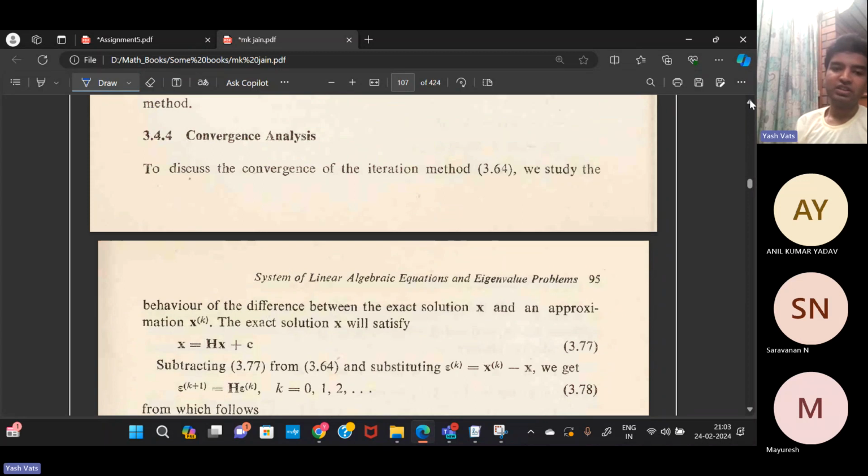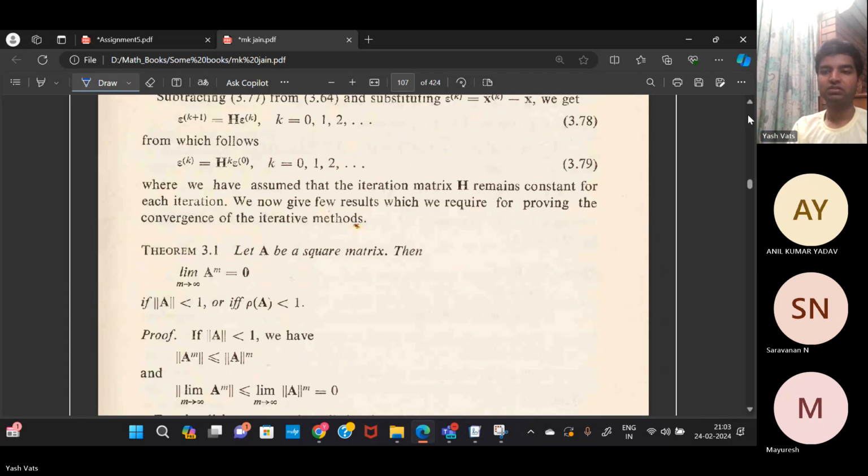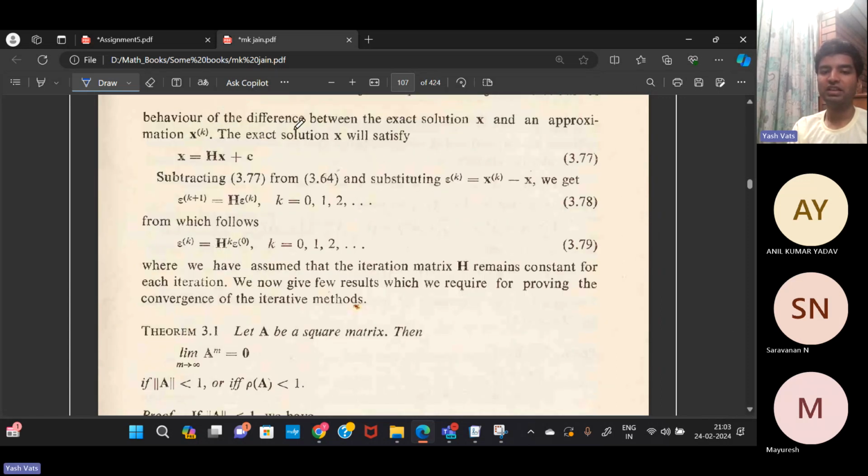To discuss convergence, we study the behavior of difference between exact solution and an approximation. So you just try to find out the exact solution and approximate solution and calculate the difference between them. That will be given by error, and that error we should converge to 0. That is what we mean by convergence, right?